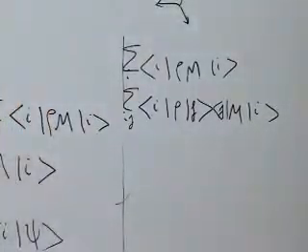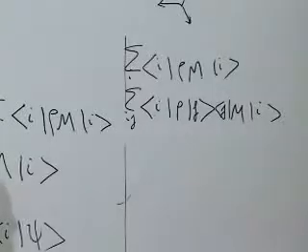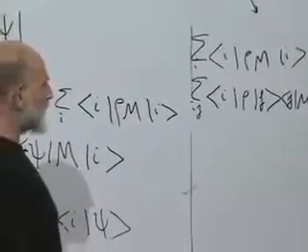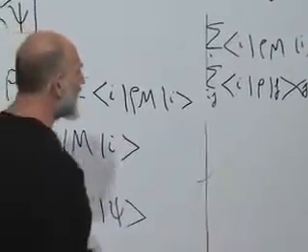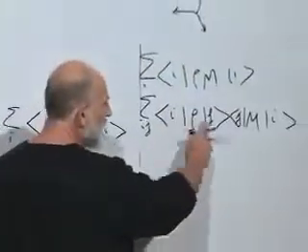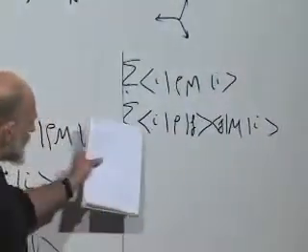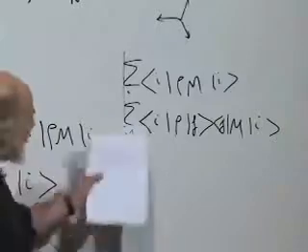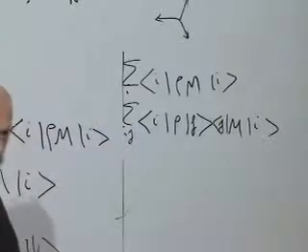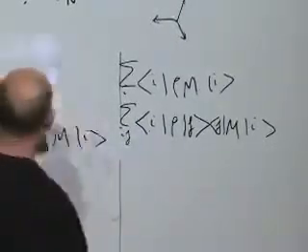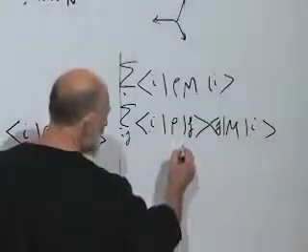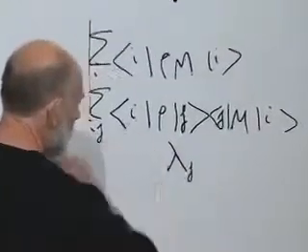J is the column, I think. Yeah, right. But since rho is diagonal, this object here only has a matrix element if I is equal to j, and then the matrix element is just lambda j, the eigenvalue.